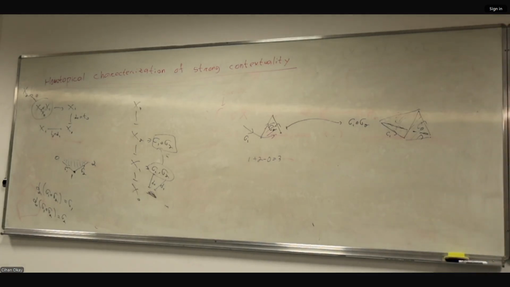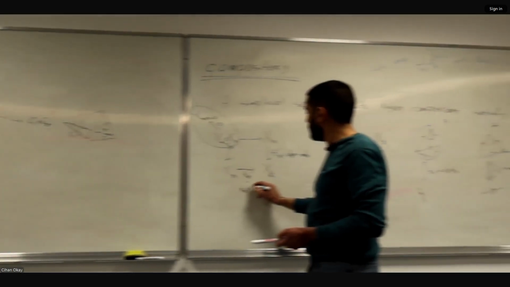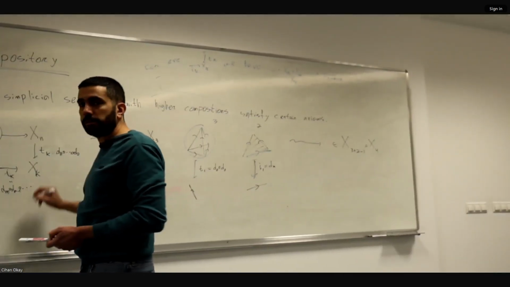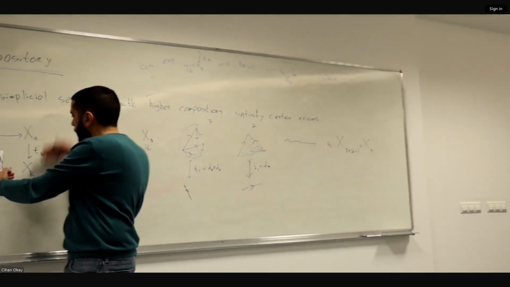For any situation like this, when you're going by many d_0's, and here by many d_1's until you go here by many d_n, maybe d_{m-1}, something like that, this is the initial and the end.